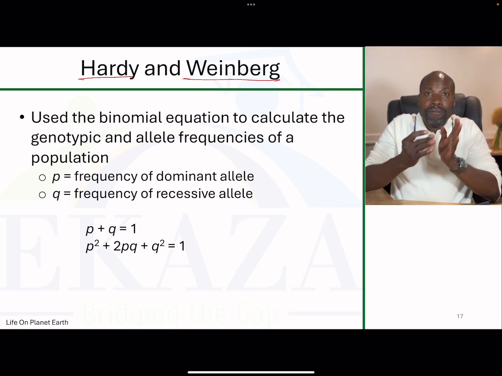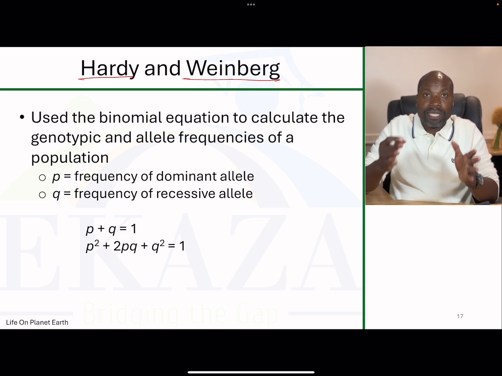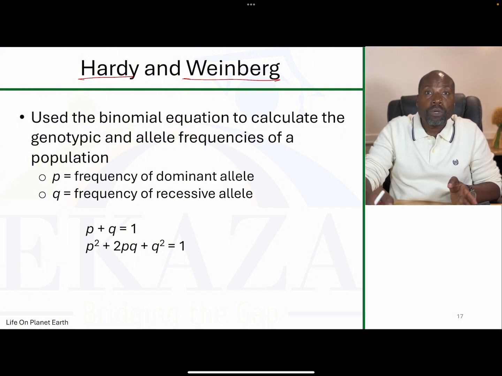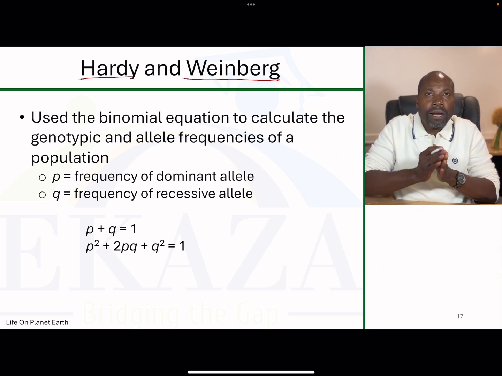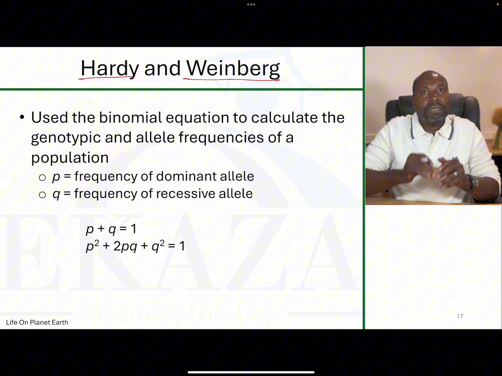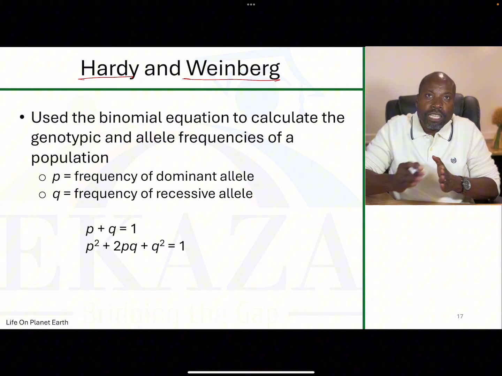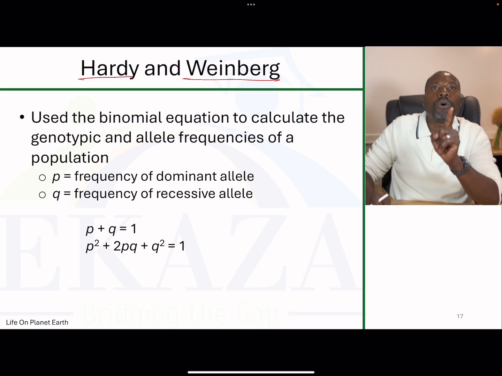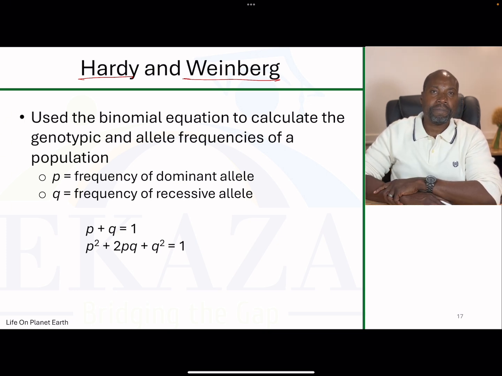Because you have a variation in genotypes in a population, we are going to find exactly what is the proportion of a particular genetic variation in a population. And by looking at that genetic variation, if we see a shift over time, we are going to say that microevolution is at play.